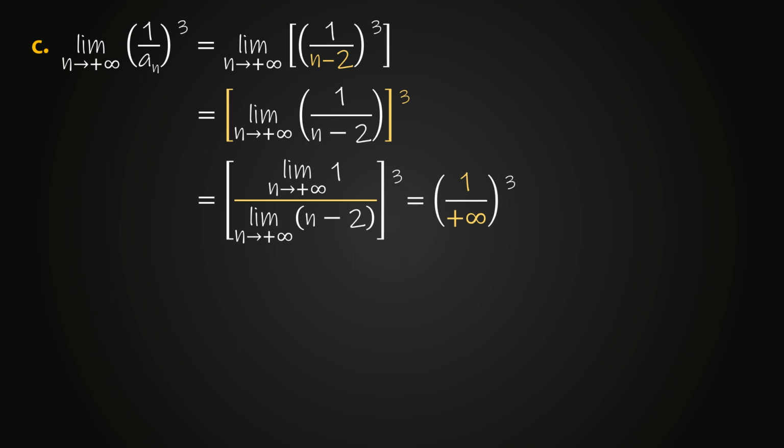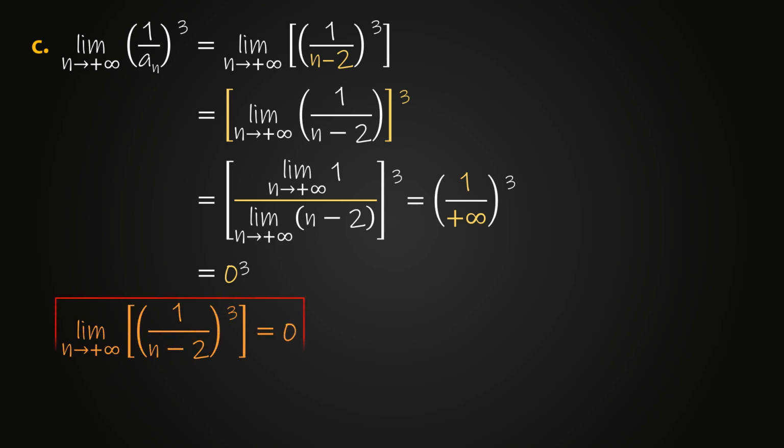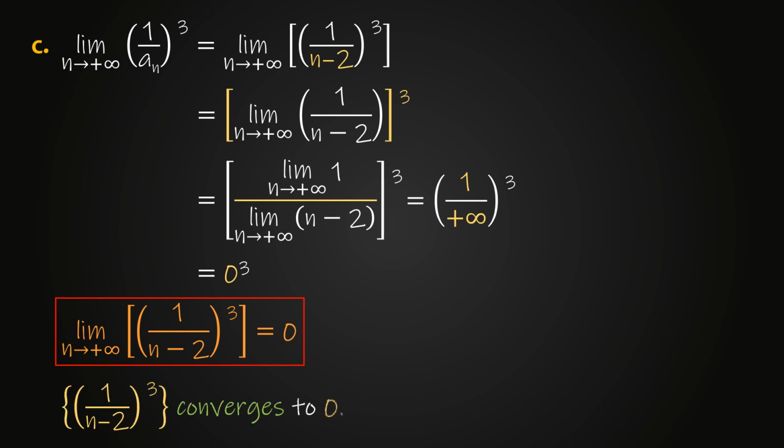Use the quotient rule of infinite limits, where the limit of the numerator is a finite number and the limit of the denominator is an infinite number. Hence, the limit of the sequence is equal to 0. That is, the sequence converges to 0.